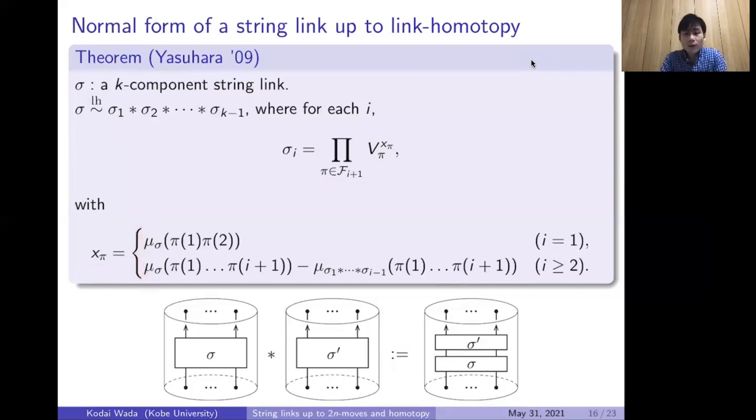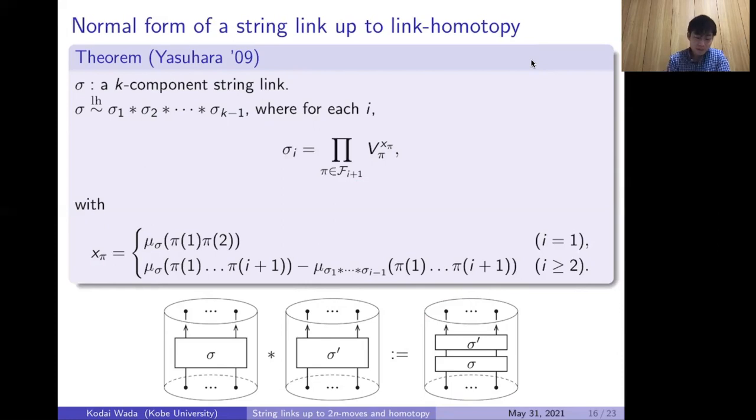The important fact is that x_pi is determined by mu invariants of sigma. Therefore, each sigma_i is determined by mu invariants of sigma.